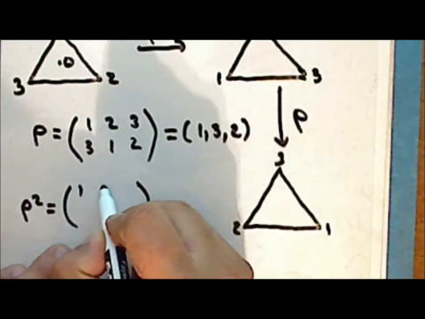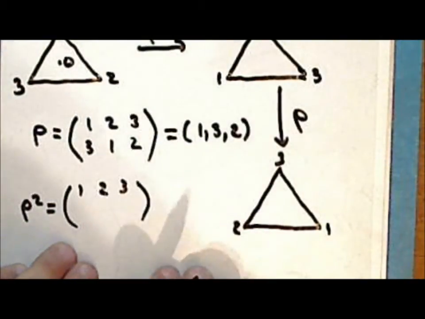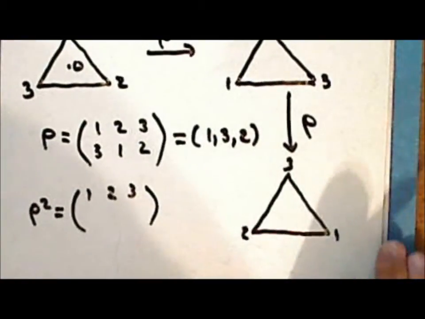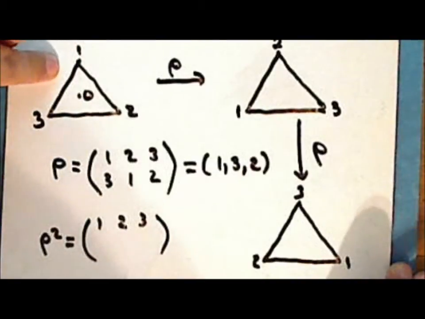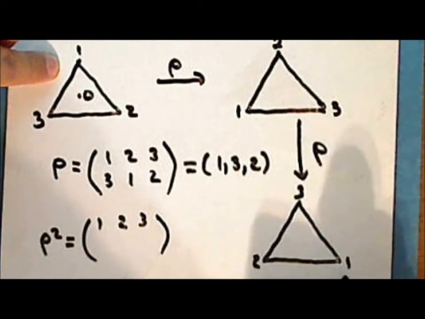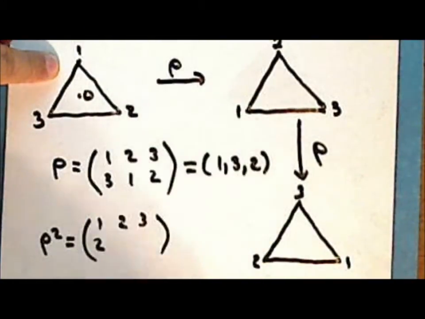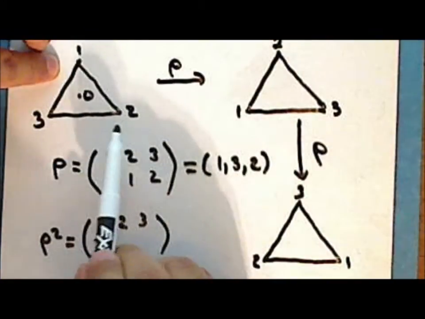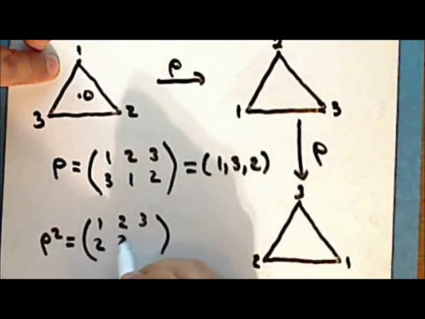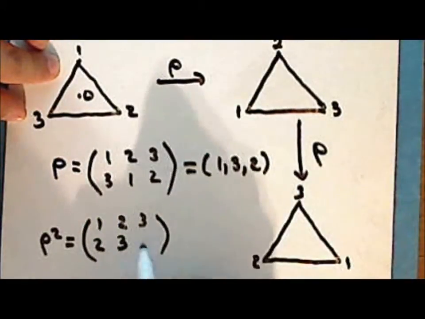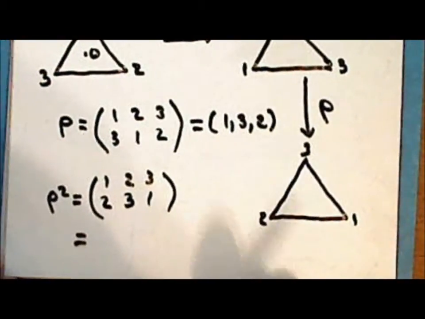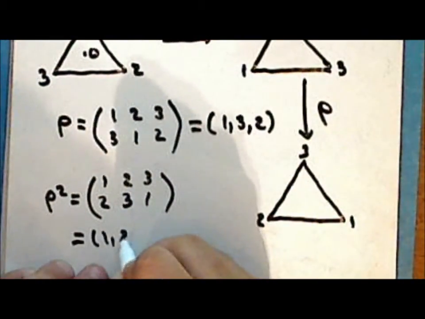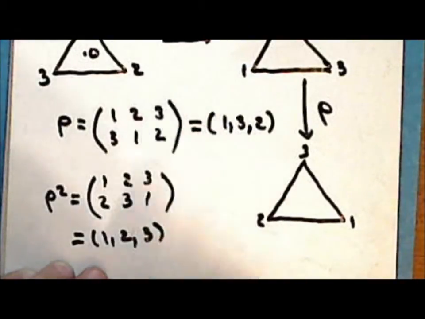And if we look at the permutation of the vertices from the original triangle, 1 is now occupying the place that 2 once had. So 1 is mapped to 2, 2 is mapped to 3, and 3 is mapped to 1. And so in cyclic notation, this is the permutation 1 to 2 to 3 to 1.